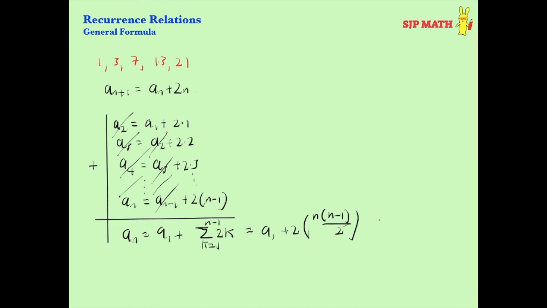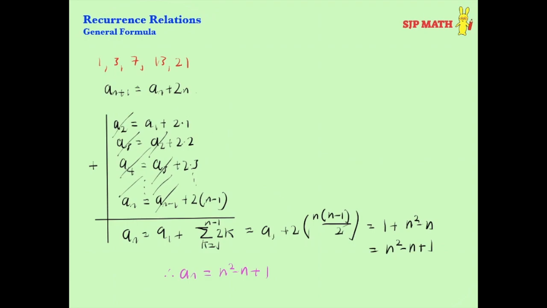Then simplifying that, A1 is equal to 1, and the 2's cancel out, and we get 1 plus n squared minus n. Therefore, putting it in order of degree, a_n is equal to n squared minus n plus 1. So in conclusion, a_n is equal to n squared minus n plus 1, and that is our answer.